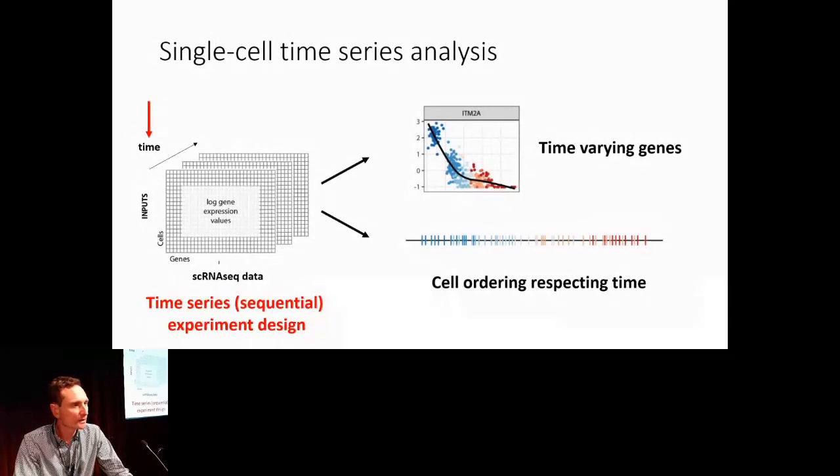And there, analogously, the goal or the types of questions that you have for this type of data is to identify genes that vary with time, and also to come up with a cell ordering in a similar fashion as these pseudotime trajectory inference approaches, to come up with a cell ordering that respects the time of the time series experiment.